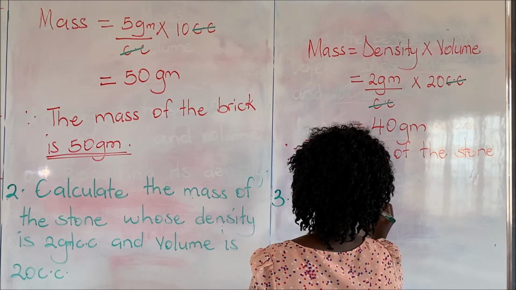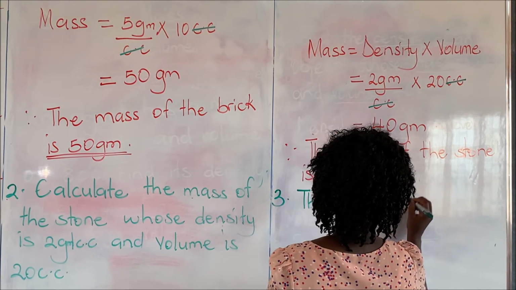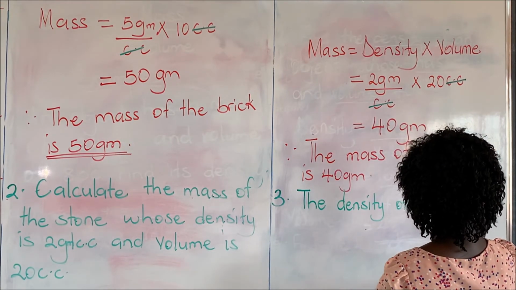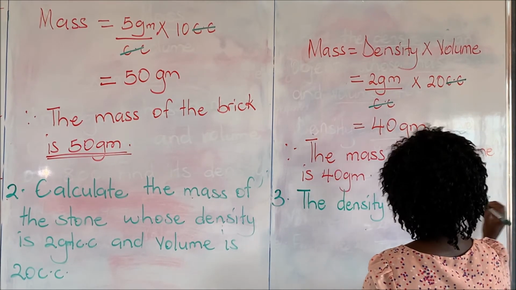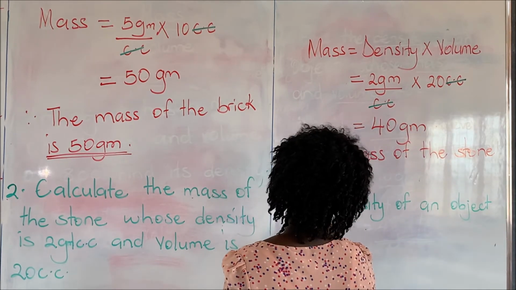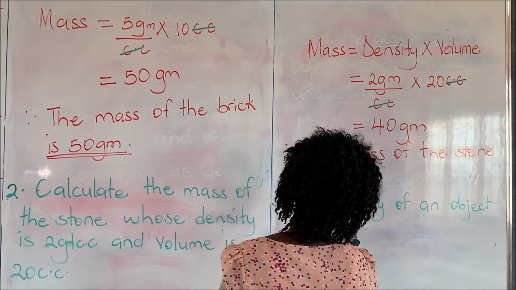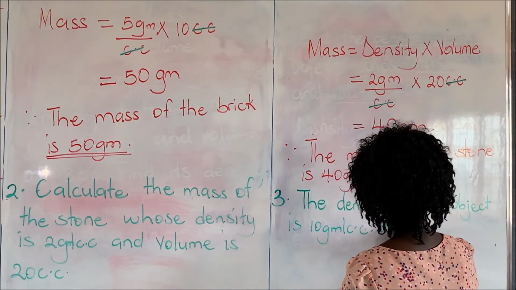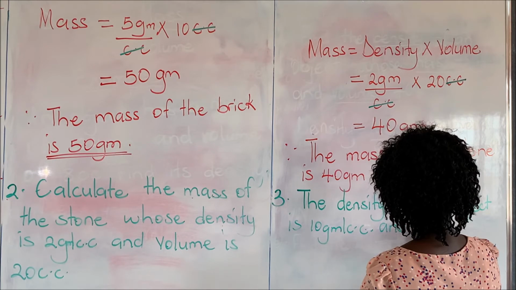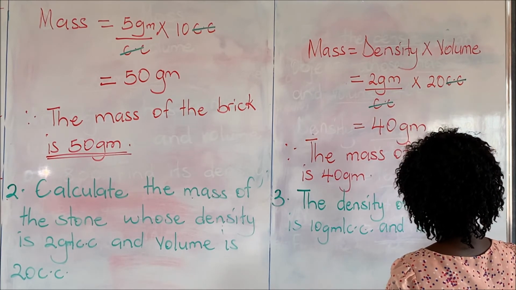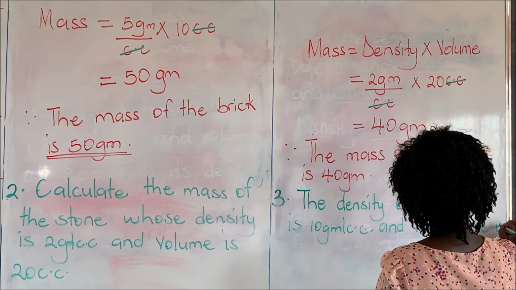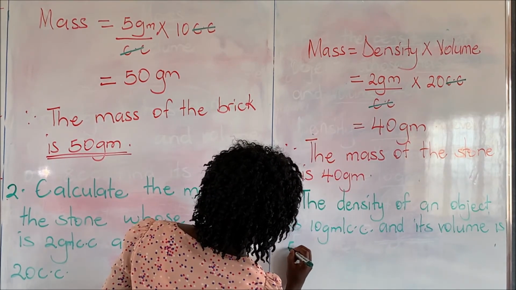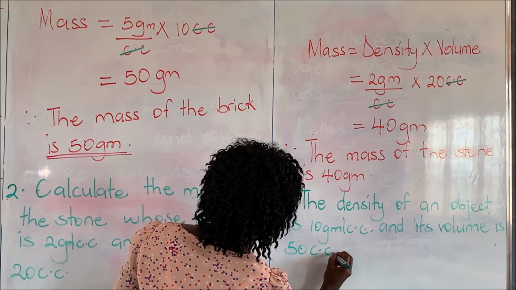The density of an object is 10 grams per cubic centimeter and its volume is 50 cubic centimeter.